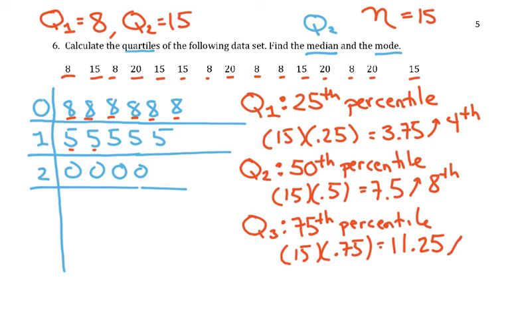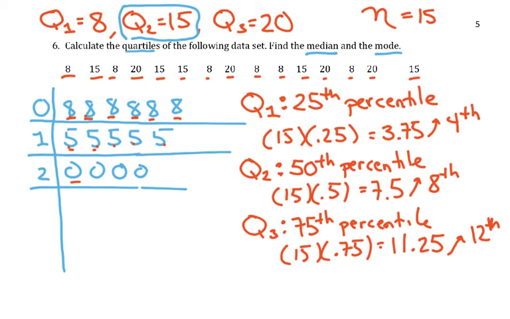If it's not a whole number, we always round up. Get the 12th observation. So 1, 2, 3, 4, 5, 6, 7, 8, 9, 10, 11, 12. So Q3 equals 20. Okay, and also this is the median right there.